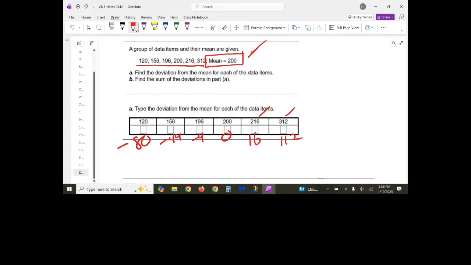One of the things we talk about is, well, suppose we wanted to find the average of each of those differences. We would have to take these numbers here and add them up.